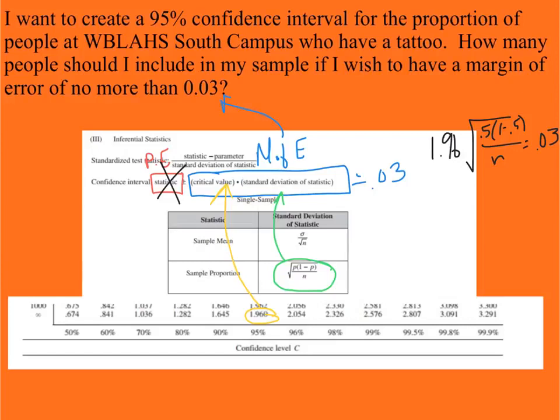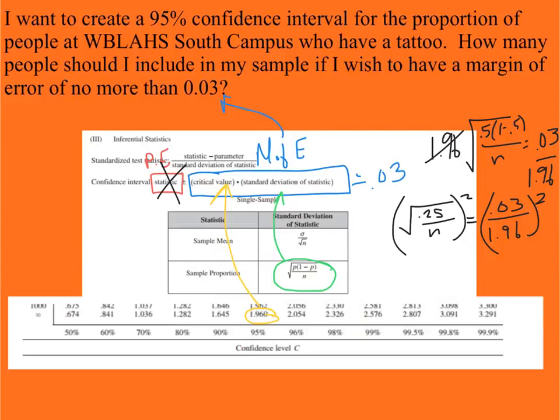Let me quickly run through the algebra here. I would probably begin by dividing both sides by 1.96. So you've got the square root of 0.25 over n equals 0.03 divided by 1.96. Then I would probably square both sides. So now we've got 0.25 divided by n equals 0.03 over 1.96, squared.